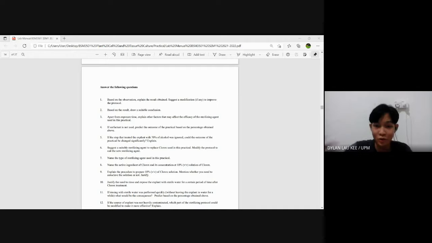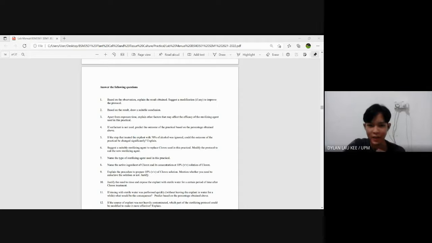Do you guys know why? Okay, the reason alcohol could remove air bubbles from the surface of the leaf is because it has lower surface tension than water, and it dehydrates the water so that the bubble can escape.